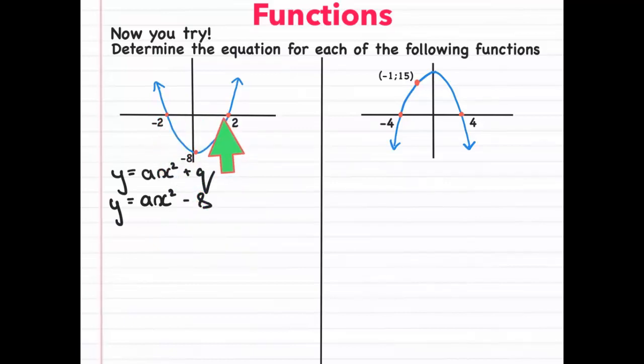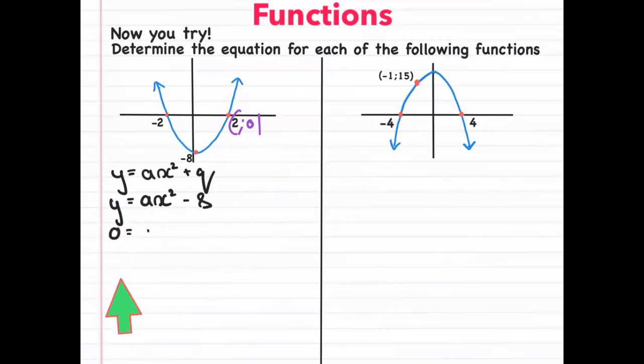Okay, so easy enough. I can just use the 2. And what are the coordinates there? It is 2 and 0. So there's my coordinate points. Take that 2, put it in the x's place, take the 0, put it in y's place, and then it will look like this.